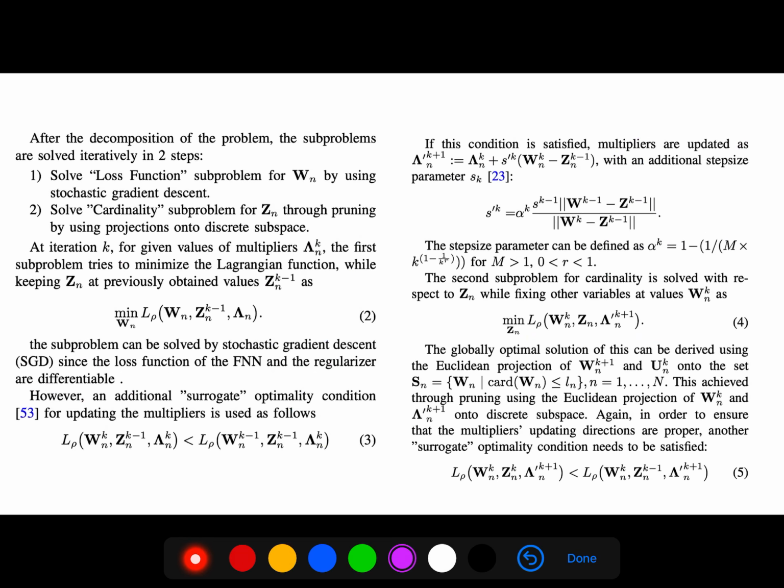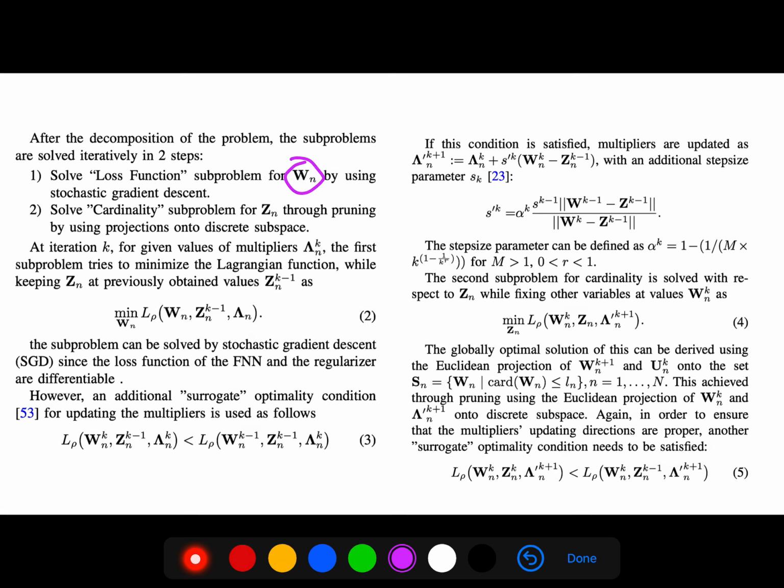After the decomposition, the subproblems are solved iteratively in two steps. First, solve the loss function problem for W_n by using stochastic gradient descent. Once you have solved it, then solve the cardinality subproblem Z_n through pruning by using projection into a discrete subspace.